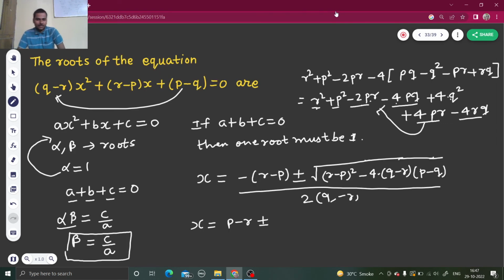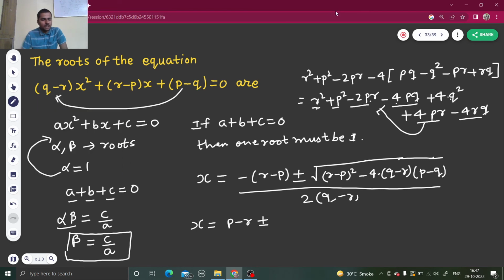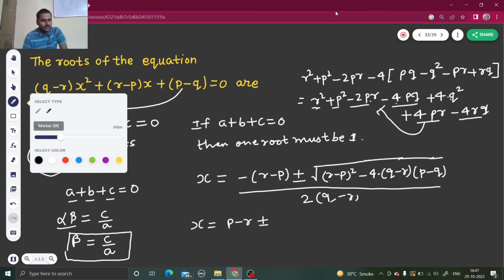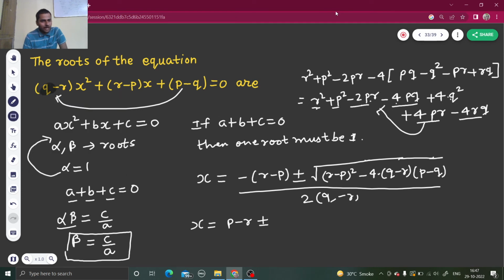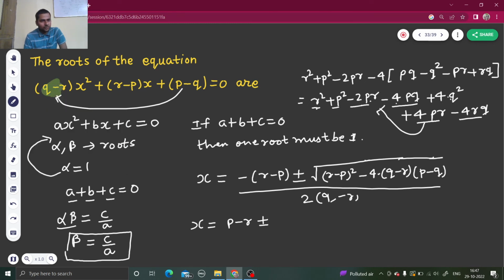Let's see by the trick. So by the trick, it's simple, because you can see here. Let's use this color. First of all, let me highlight it. If you do the sum of the quantities which are q minus r, minus p, and p minus q: minus p plus p cancel, minus q plus q cancel, and minus r plus r cancel.